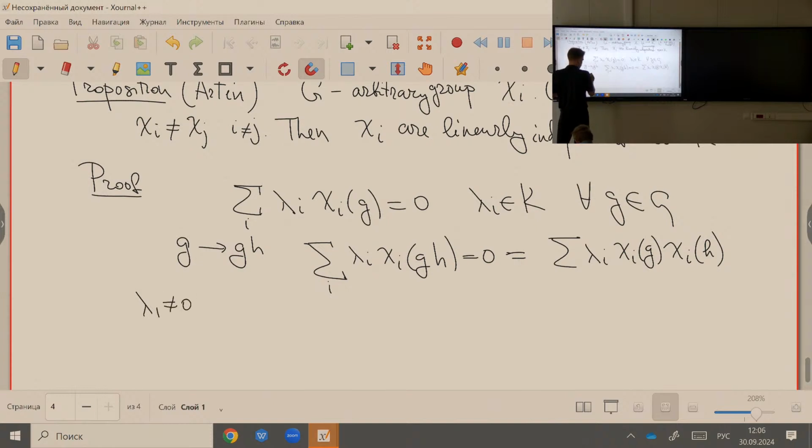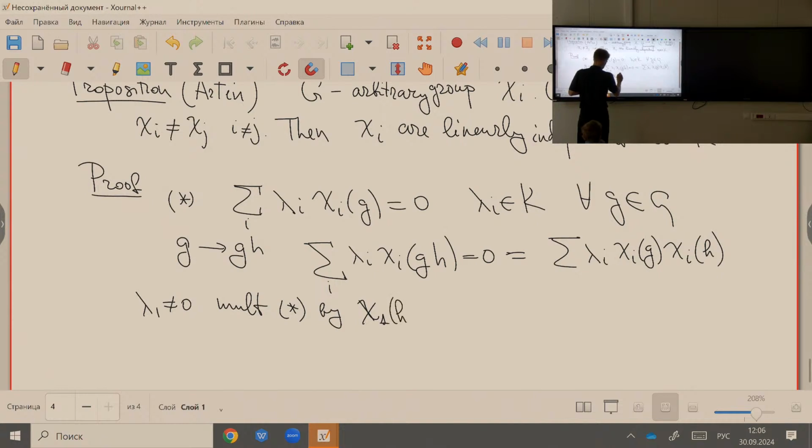Yeah, so multiply the first equality by chi1 of each and subtract.